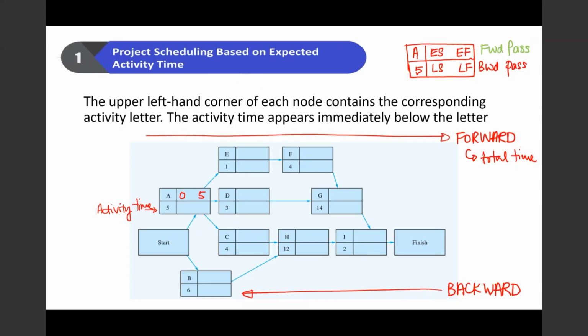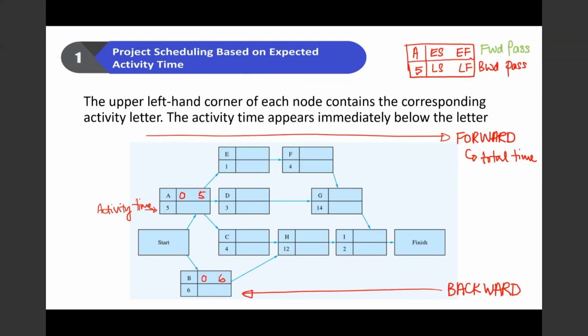Okay, activity B also starts from 0, and it takes 6 time units, so this is 6. Activities E, D, and C can only start when activity A has completed.